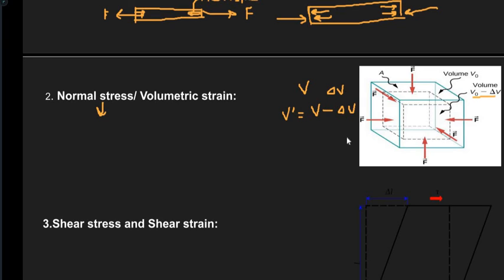The volumetric strain is equal to del V upon V, your change in volume upon original volume. So it is clear.